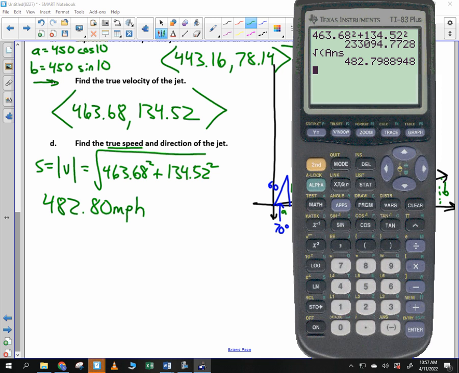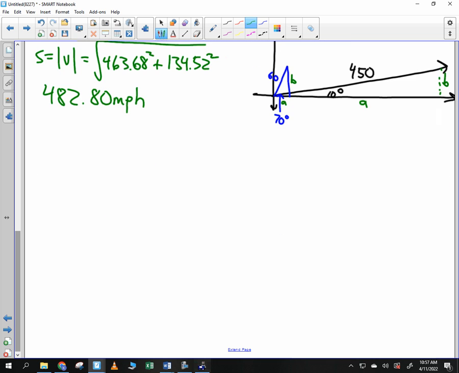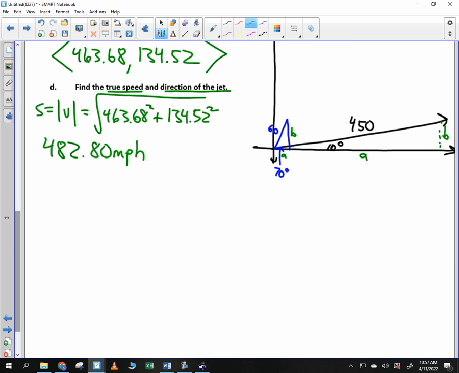So the last thing we're going to do is find the direction. Do you remember the formula we used to find direction of something? We've done it 50 times so far in the past 5 days. Hint, starts with a T. Tangent of theta is equal to, yep, 134.52 divided by 463.68.